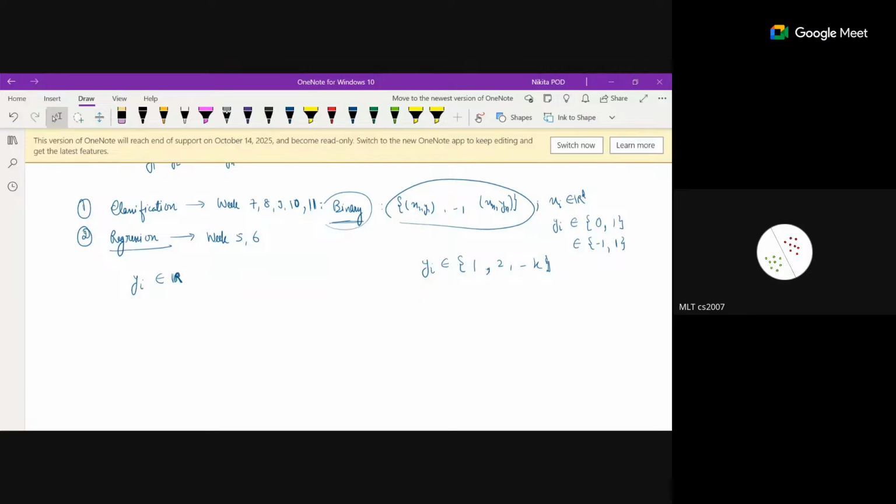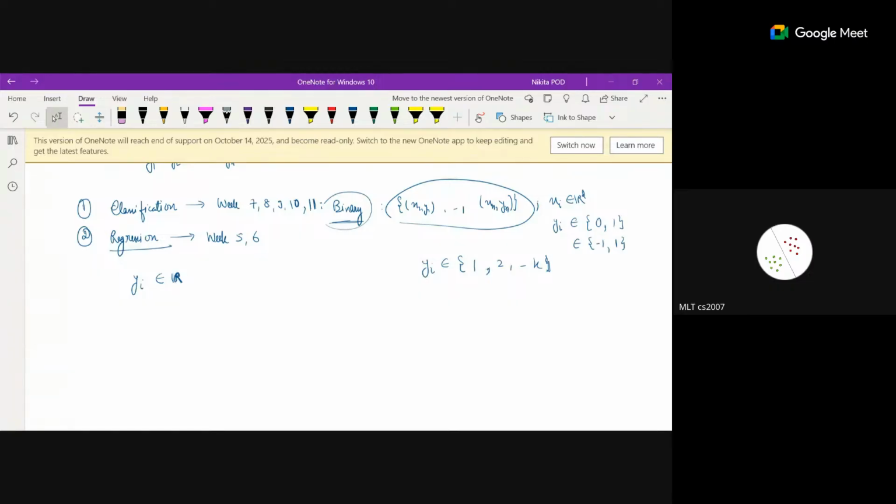Take the example of object detection: given an image, you predict whether it is a cat, a dog or a human, so you classify the objects. Similarly, in spam classification, given an email, you have to predict whether it is spam or non-spam.